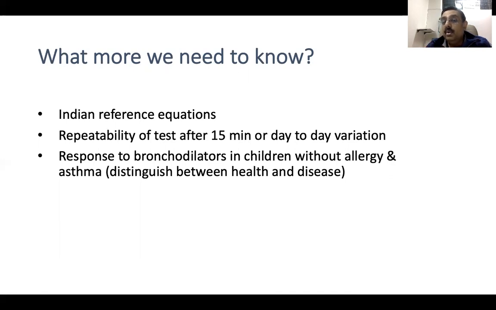We also do not know the exact cutoff for bronchodilator response in normal healthy children, because we don't have a healthy children reference equation. As you had seen, the cutoffs were between 20 and 40%, so that's a bit of a vague zone.